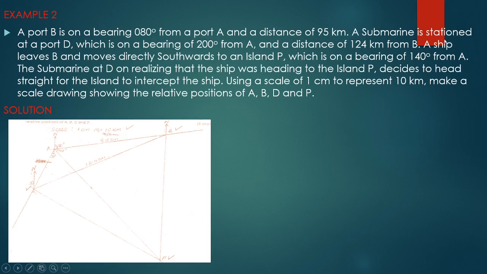Now, we are told that a ship leaves B and moves directly southwards. So you stretch a line directly downwards with a ruler. Then we are told towards P, which is on a bearing of 140 degrees from A. To locate P, you come to A and measure 140 degrees with your protractor up to this point, then draw that straight line.